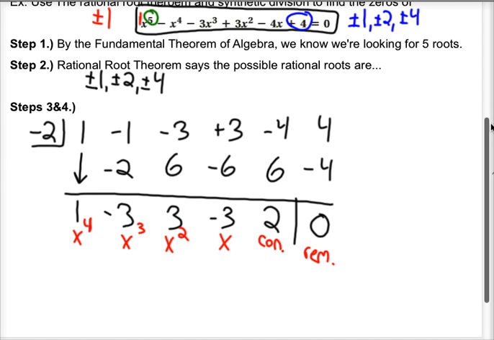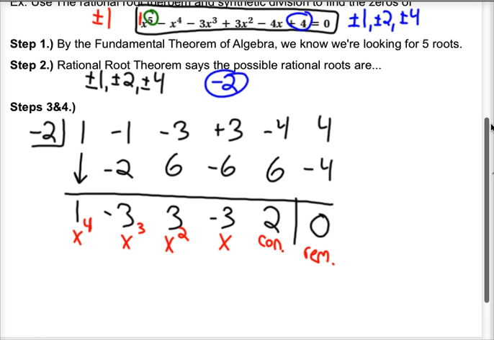What we've done here is really broken this down, because now we know one of our roots, I'm sorry, not 2, was at negative 2. I'm going to put that up here. What this has given us is a new polynomial.